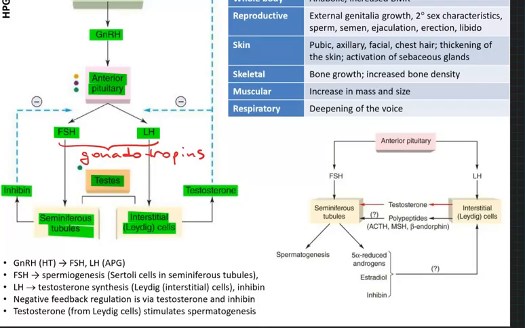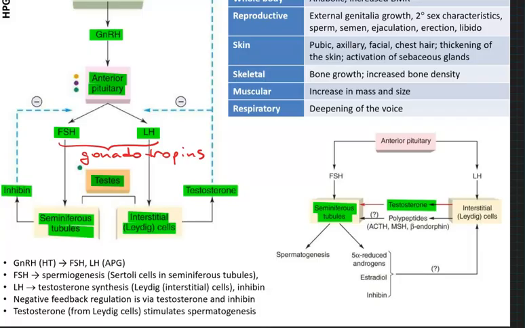Now, the thing is, testosterone is critical for maturation of sperm cells inside the seminiferous tubules. Okay, make sense? Testosterone is essential for producing more and more sperm cells. The sperm cells accumulate in the testes.